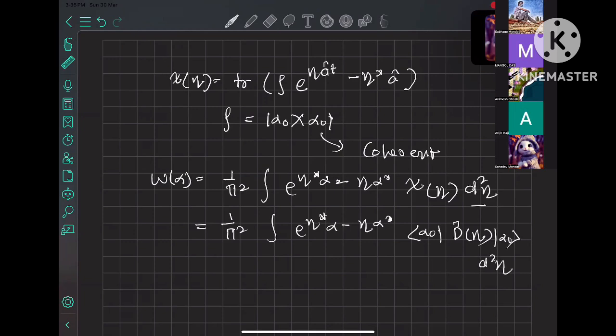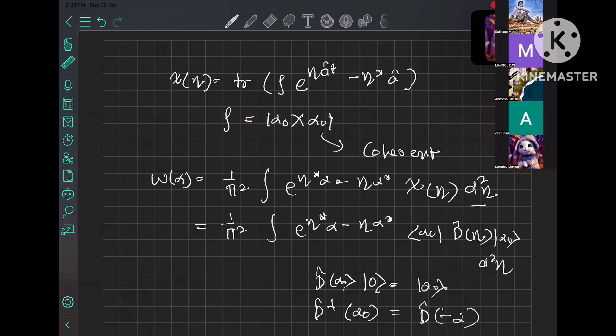Now there is some basic property of displacement operator. I am going to write them down, and for time constraint I cannot derive them properly. If we operate the displacement operator D cap of alpha 0 on the vacuum state, we get the coherent state alpha 0, and there is also some property of the density operator. This could be written this way.